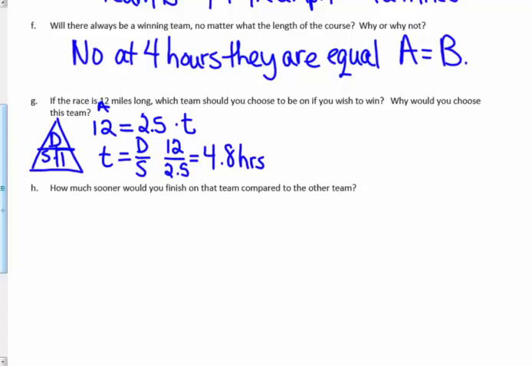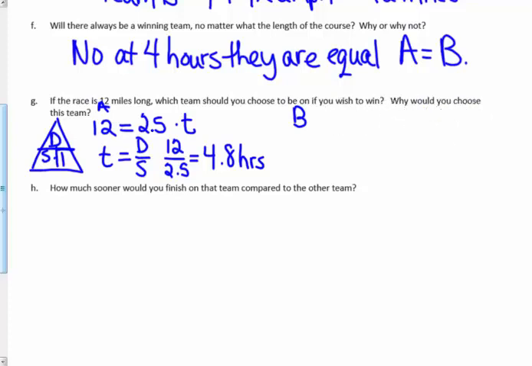Team B, okay, now I got to figure this out. You have to do 4 miles for the first hour plus 2 times 4 would be 8. So that would be 12 total miles. I'm trying to figure out how I would get to 12.